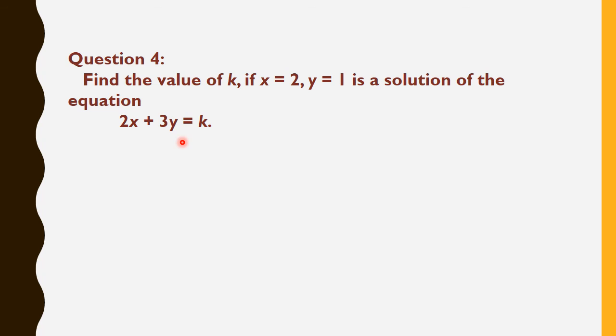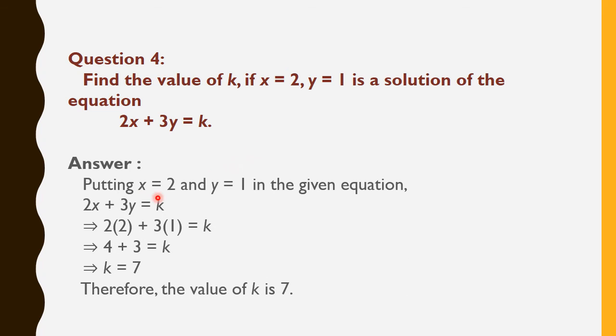So if we put the values here, we can definitely get the value of k. Putting x equals 2 and y equals 1 in this equation, we will get 2 into 2 plus 3 into 1 is equal to k. Let's calculate further. We are getting the value of k as 7. Hence, the value of k is 7.